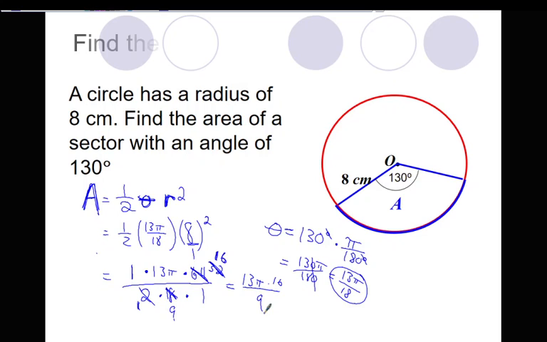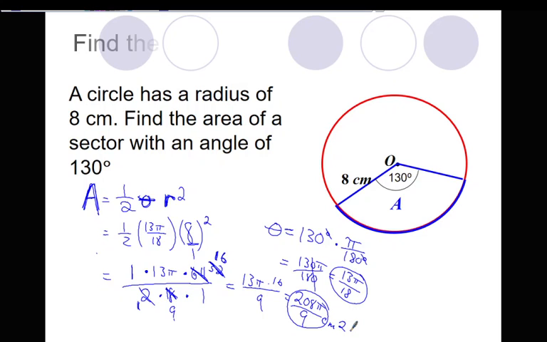And then, yeah, so at this point you just have to do 13 times 16. 208, yep. So my answer is 208 pi over 9. And that is the area. Oh, and we forgot the centimeters squared. Centimeters squared.